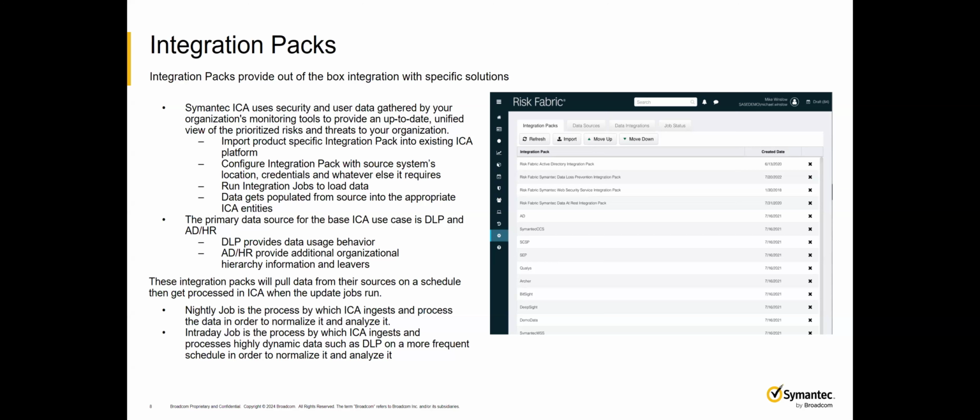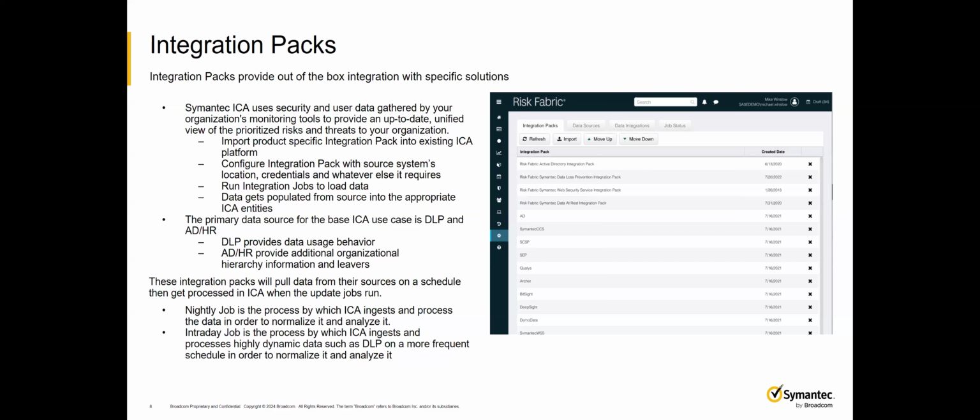As a note, it's recommended that with any ICA implementation, be it DLP, be it proxy, whatever the footprint of it is, the Active Directory or HR data is brought in first before any incident-based integration pack or accelerator.